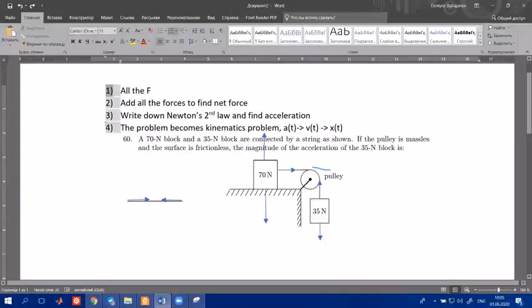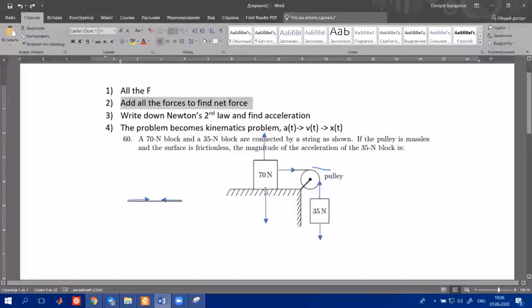Let's apply this algorithm for the 70 Newton body and then for 35 Newton body. For you to understand, I find everything. Here, the acceleration of the 35 Newton is asked, but I explain acceleration of the 70 Newton body also. So let's add all the forces to find net force on 70 Newton body.